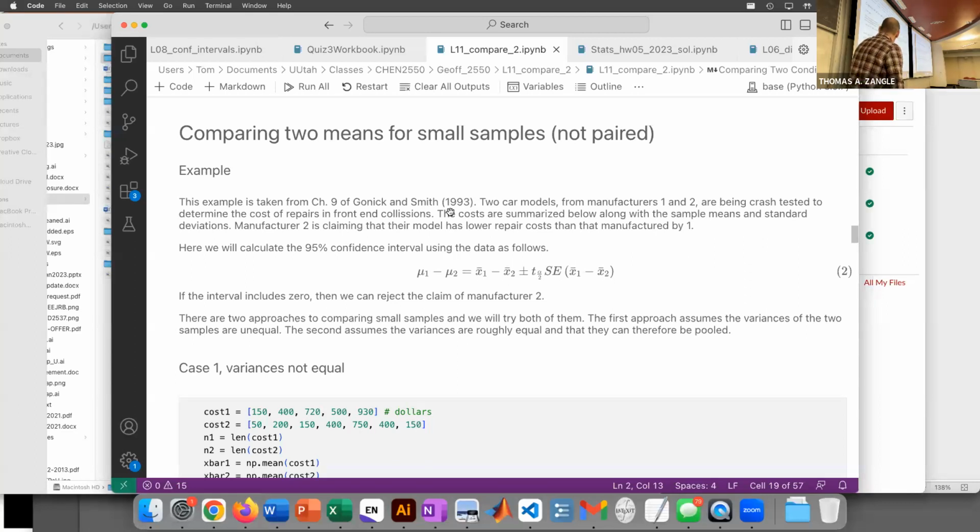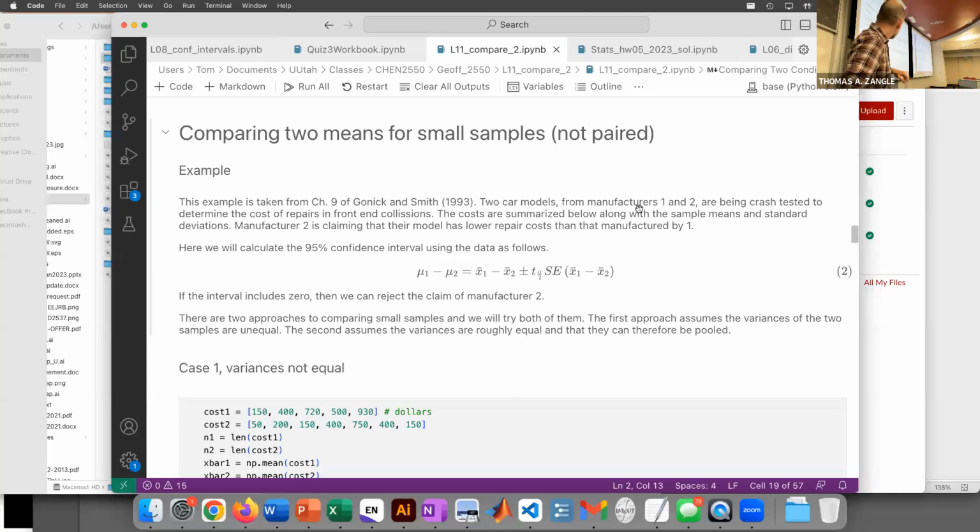It's not always the case that we can. But we can still use what we've learned to make an estimate of differences, right? We're not totally out of luck for comparing gas A and gas B. We can still make some estimate, and that's what this next piece is. So it's about comparing two means for small samples when we don't have paired experiments, okay?